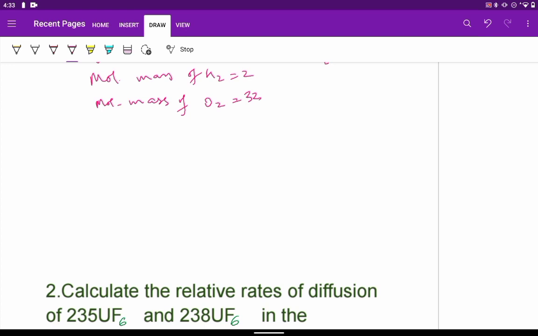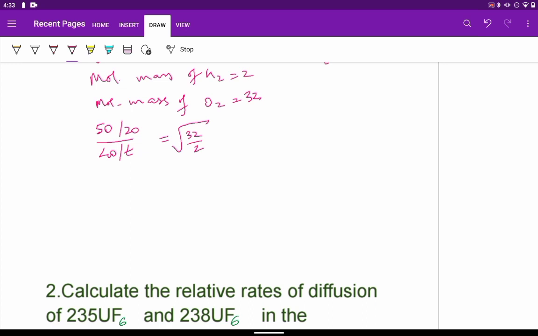So now, using the formula, the rate R1 for hydrogen was 50 by 20 divided by 40 by T for oxygen. That will be equal to square root of 32 by 2, because M2 will go up now.